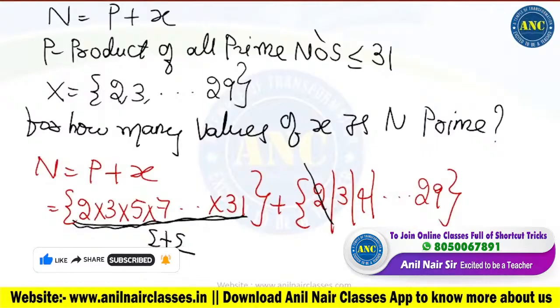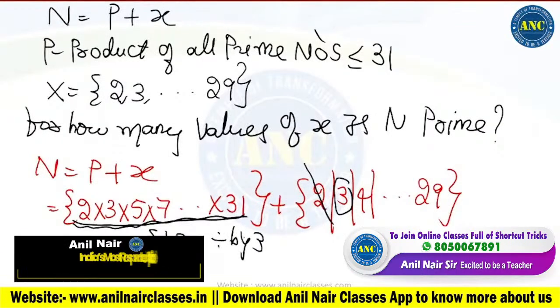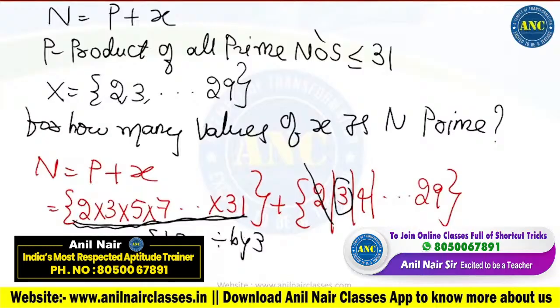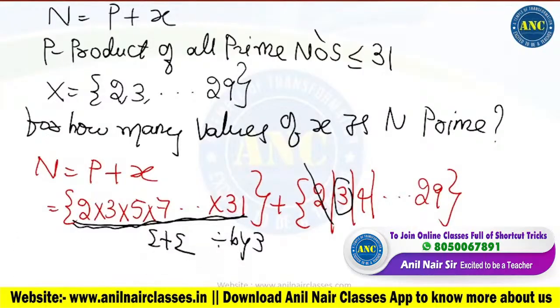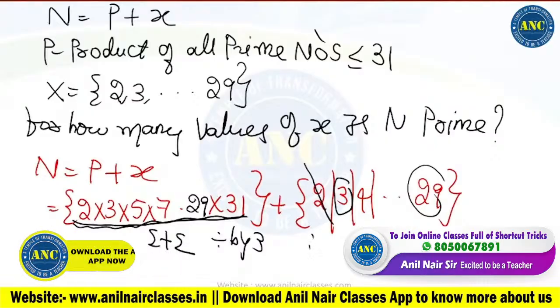P is divisible by 3 and 3 is divisible by 3, so the answer will be divisible by 3. Next, 4 is an even number, so the answer will be divisible by an even number. This is 29; here also 29 is present. P is divisible by 29, and 29 is divisible by 29.